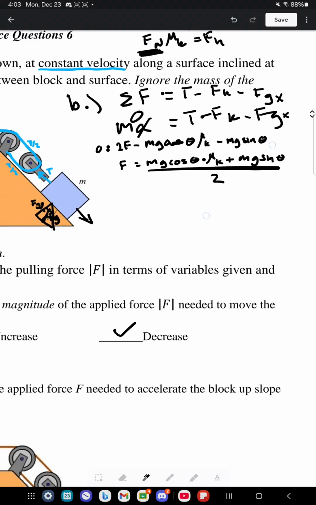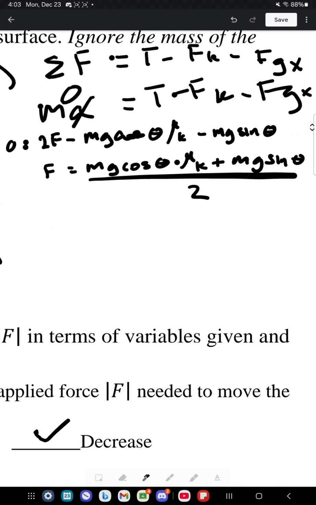So it would decrease because even though cosine of theta in here increases, mg sine theta would decrease faster.